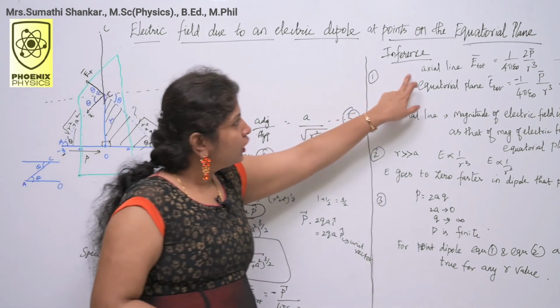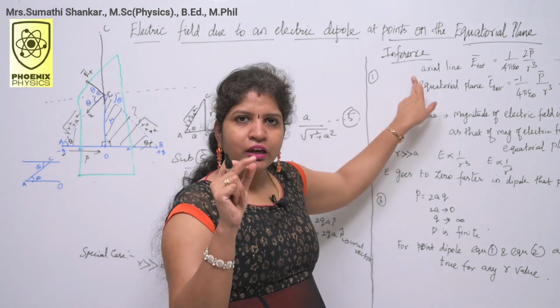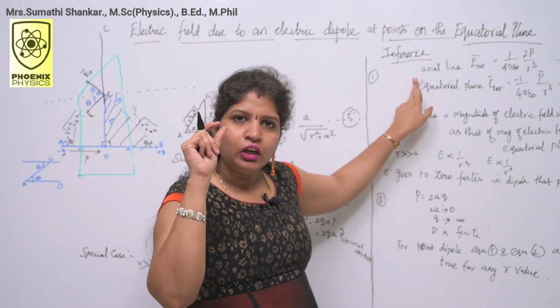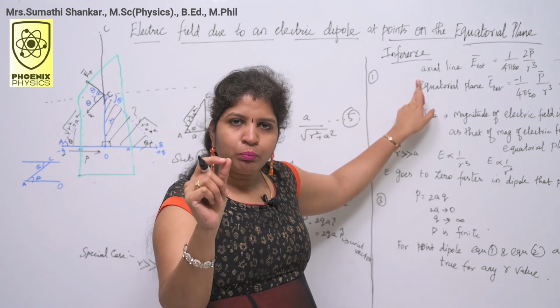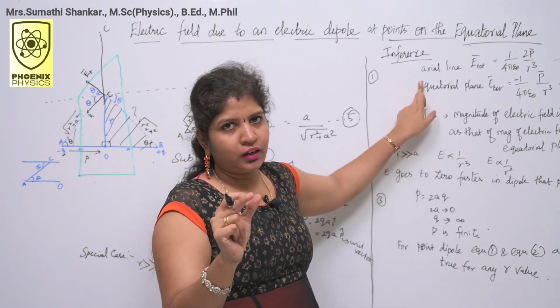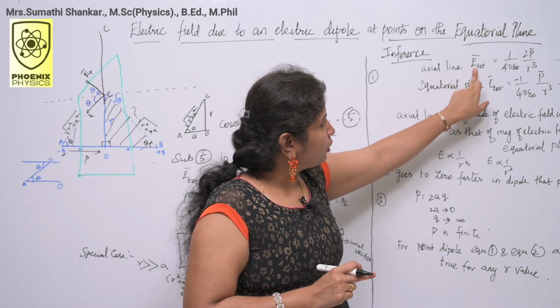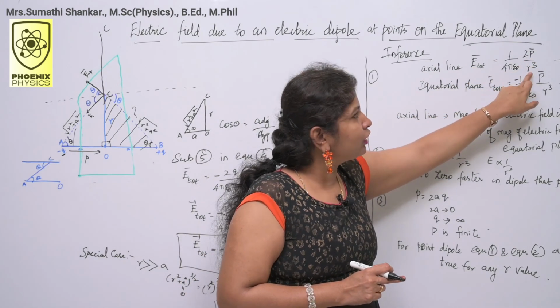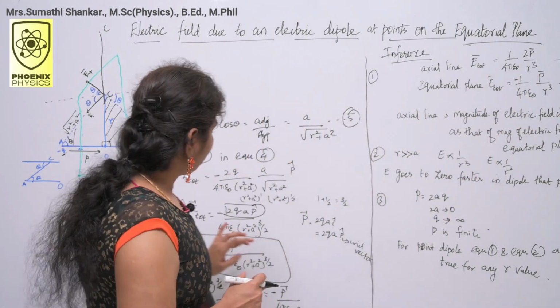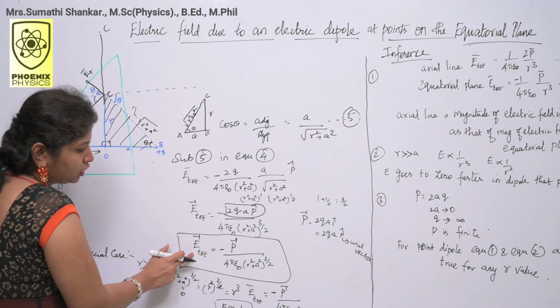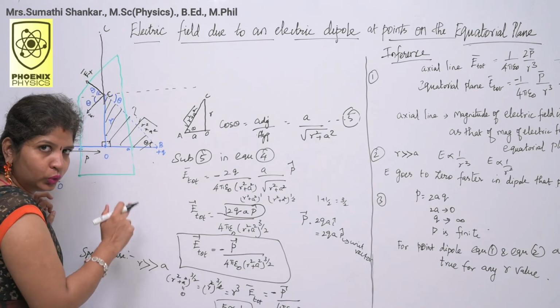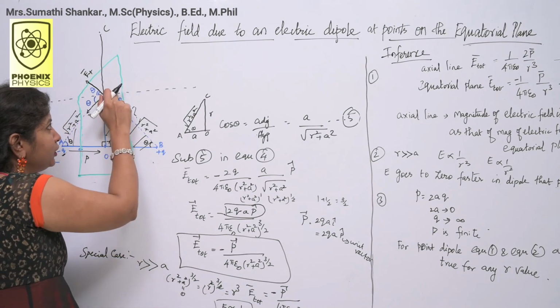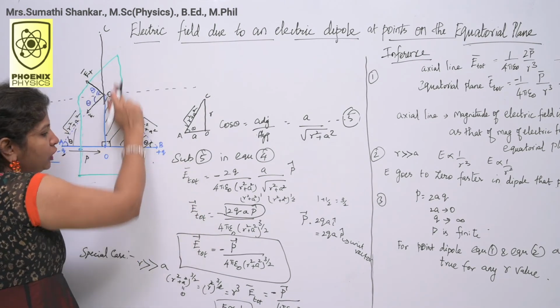First one, in our last class we derived the total electric field due to a dipole at a point on the axial line. So the electric field formula is 1 by 4 pi epsilon naught 2 P vector divided by R cube. Here we have derived the total electric field due to a dipole at a point on the equatorial plane.